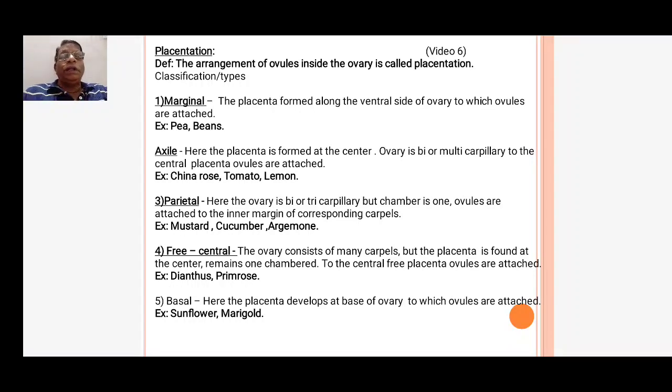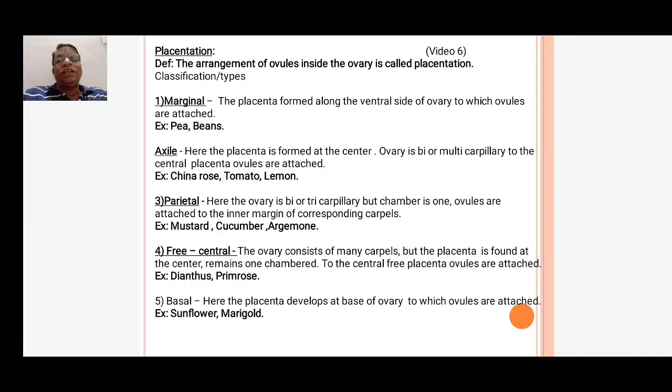Now, let us study the types of placentation or classification of placentation. Refer to the diagram for each type.